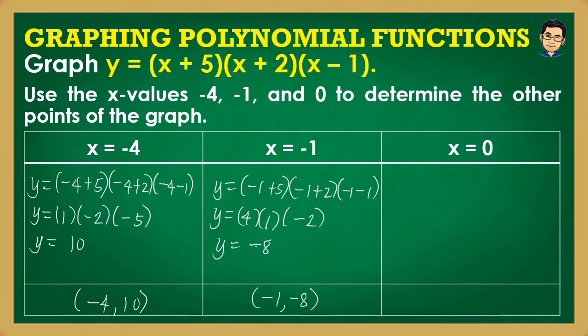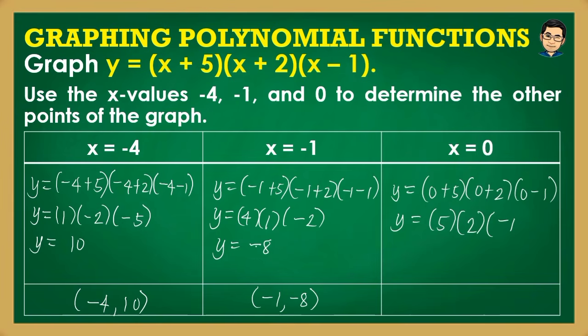And finally, using 0, so 0 plus 5, 0 plus 2, 0 minus 1, ayan. So, magiging 0 plus 5, that is 5, times 0 plus 2, 2, and then 0 minus 1, this is negative 1.